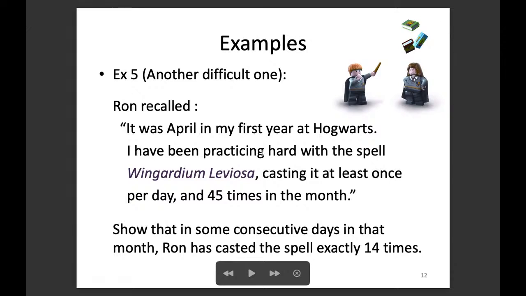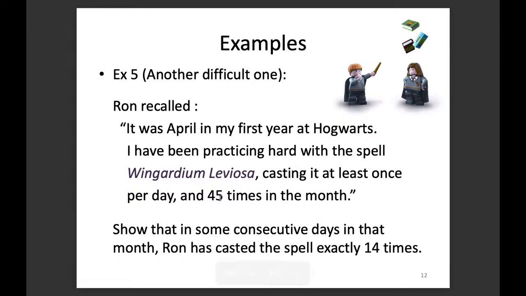I've been practicing hard with the spell Wingardium Leviosa, and I've cast this spell at least once per day and 45 times in that month." So April has 30 days. Each day, Ron has practiced this spell once or more, and altogether, the total number of times that he has practiced is 45.